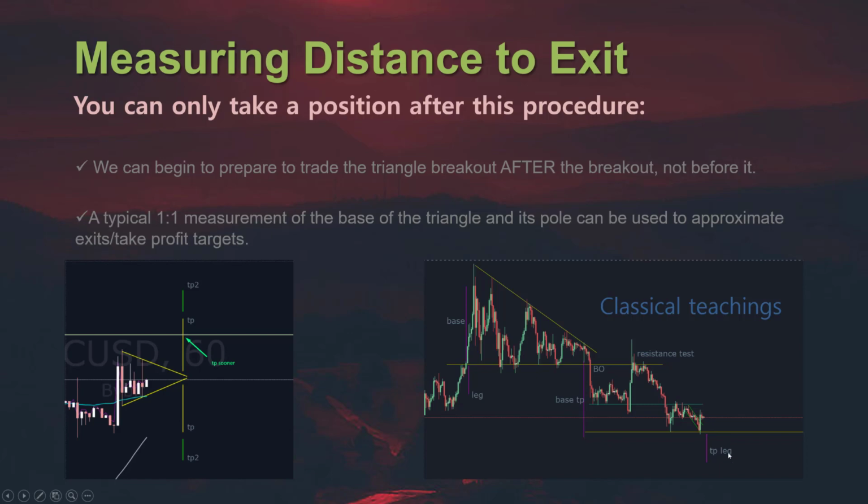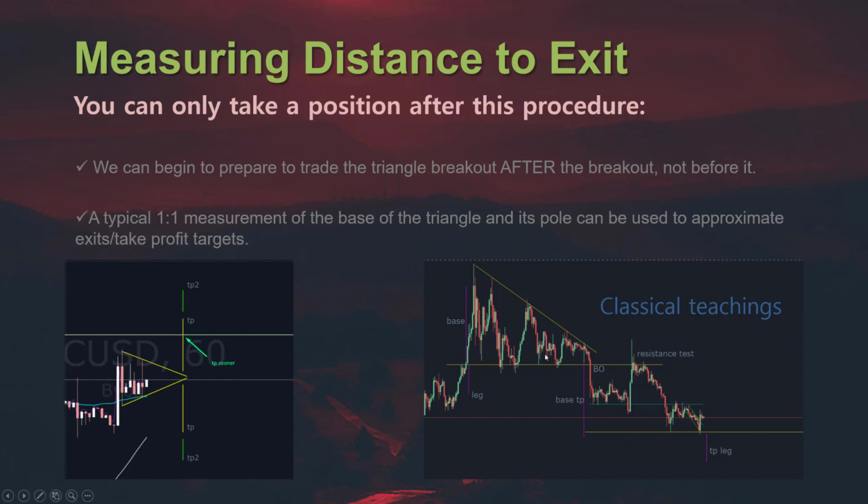Okay, so resistance test, take profit leg is the extension of this pole before price entered the supporting line over here at the bottom of the triangle, and we see it descending. And prior to that, price kept climbing, entered the triangle. This is a bullish continuation pattern, and many people would have expected this to break out to the top side, but like I said, you don't know until the breakout happens.